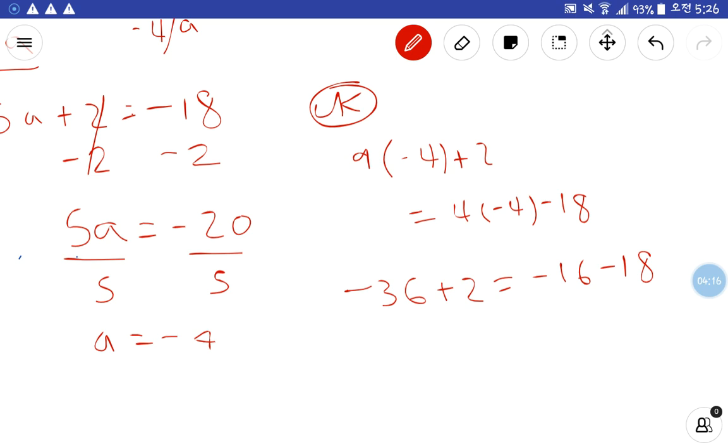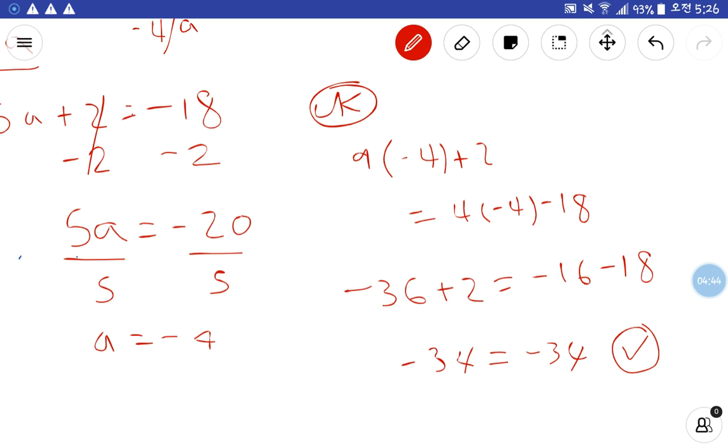Our goal is just to check that both sides of this equation are exactly the same. So just work separately. Negative 36 plus 2 becomes negative 34. Now negative 16 minus 18 would also be negative 34, which means they are exactly the same number. I checked this, which is my answer. Negative 4 is the correct answer.